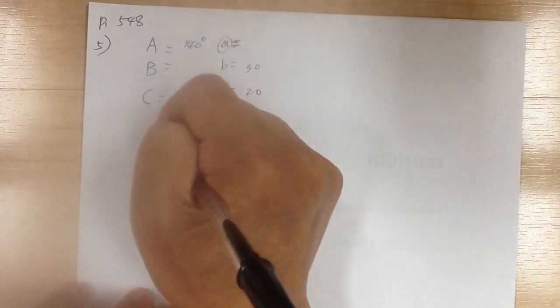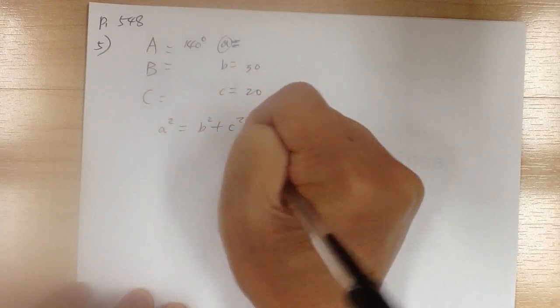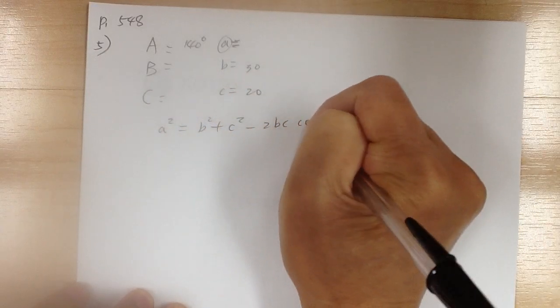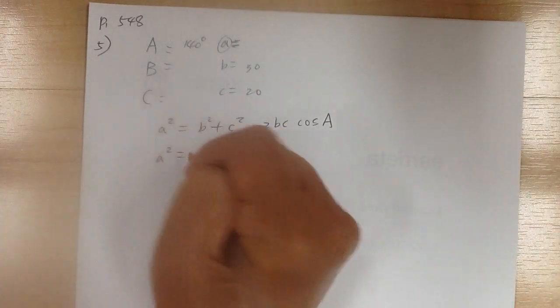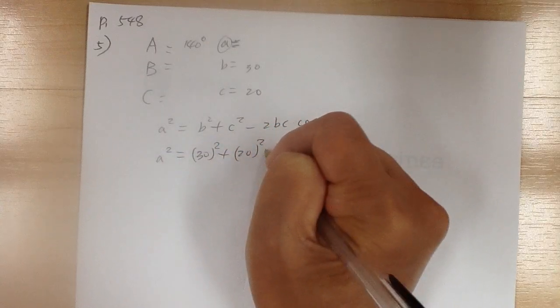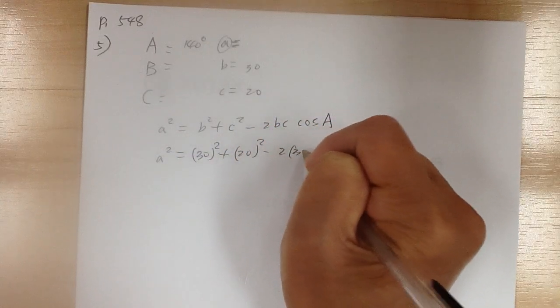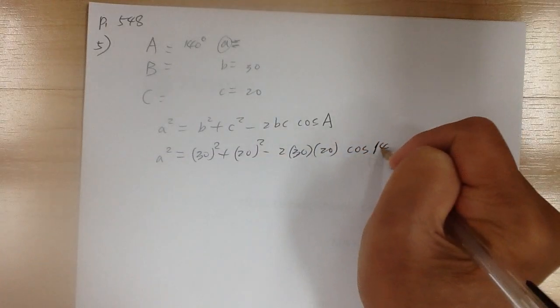So you're looking for A, so you start with the A formula. A squared equals B squared plus C squared minus 2BC cosine of A. So A squared equals 30 squared plus 20 squared minus 2 times 30 times 20 times cosine of 140 degrees.